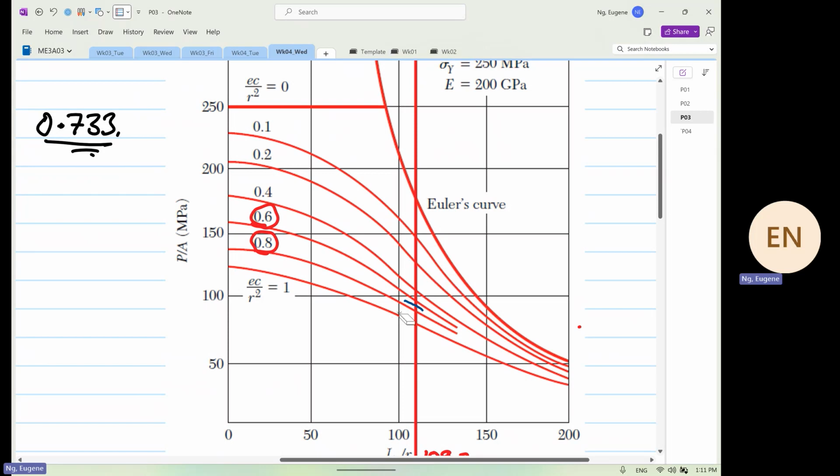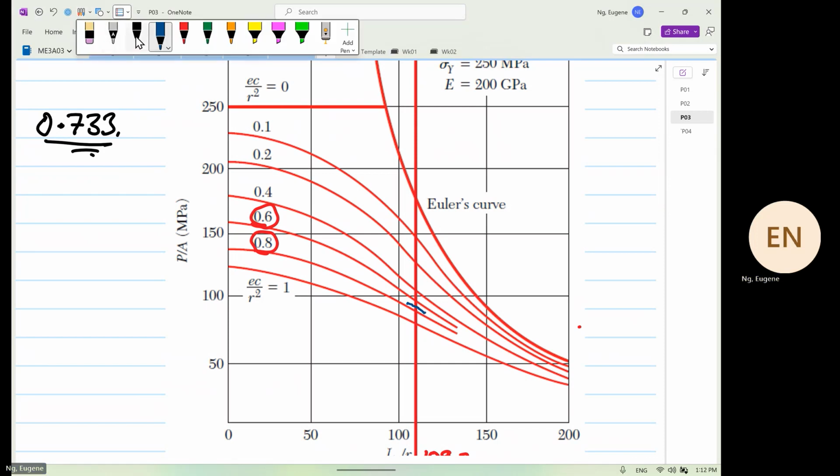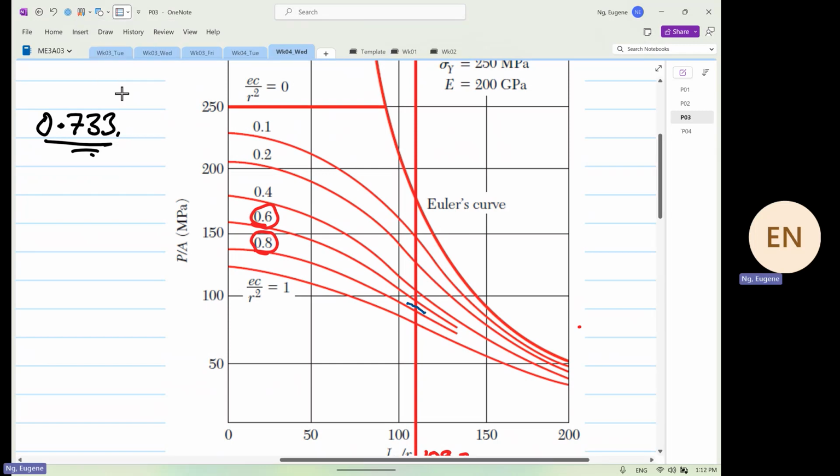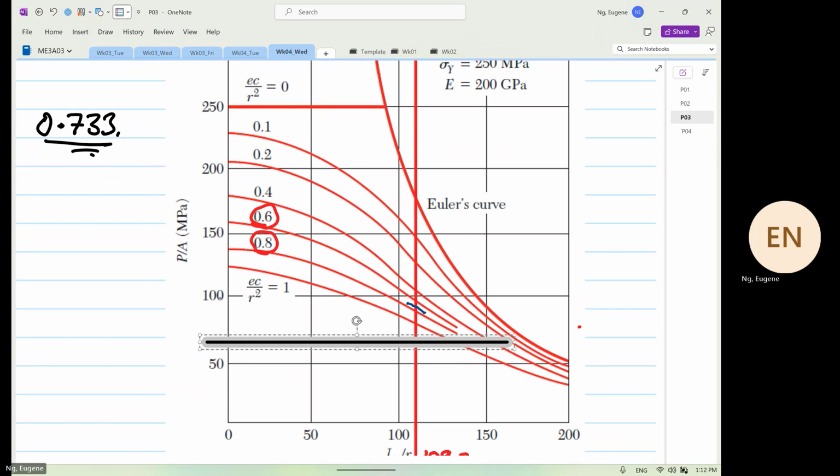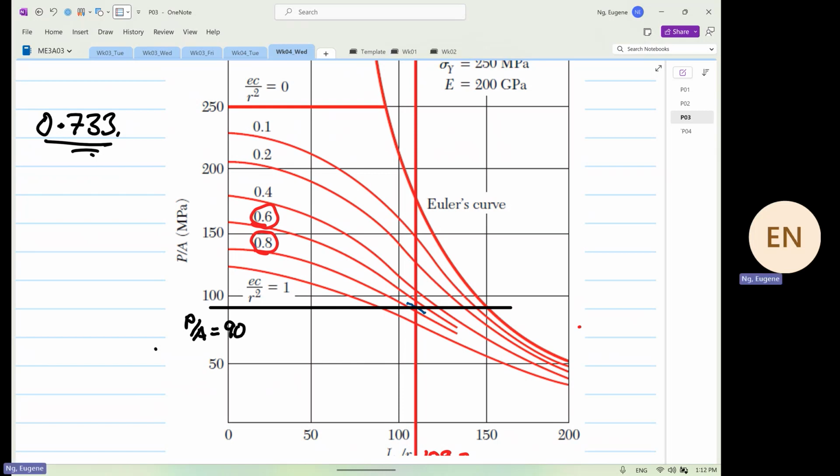I mean, not exactly halfway, maybe somewhere around here. So where it intersects, this is your P over A. So P over A is equal to 90 times 10 to the power 6 Pascal.